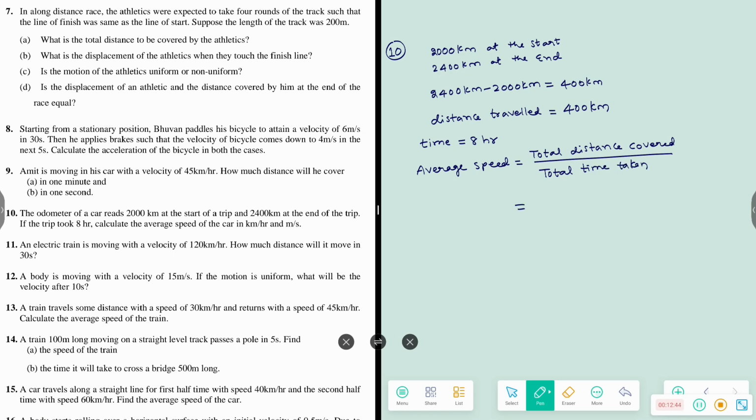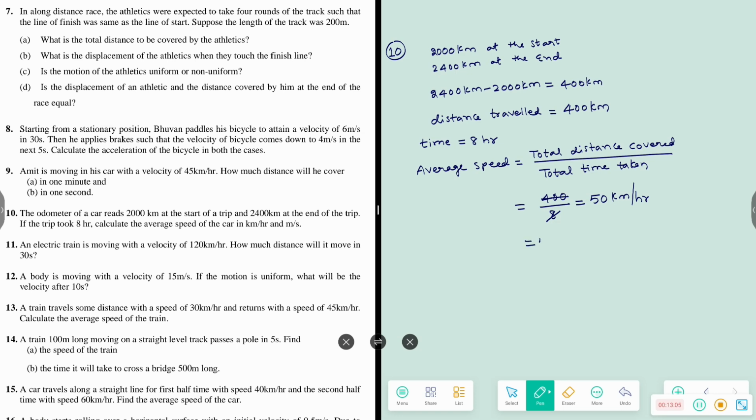What is the total distance covered? 400 kilometers. And what is the total time taken? 8 hours. So 8 ones are 8, 8 fives are 40. So it is 50 kilometer per hour.